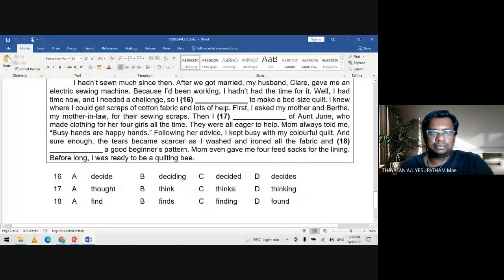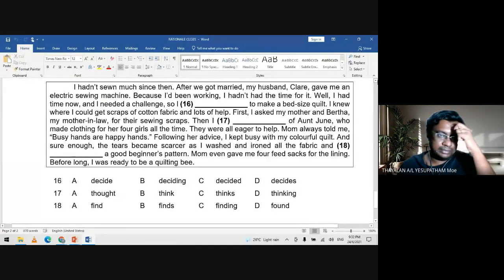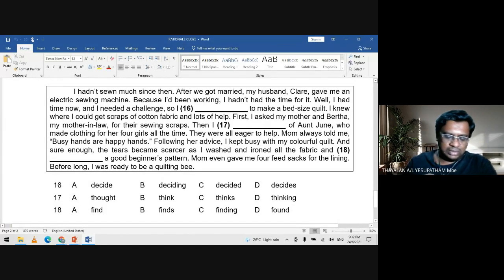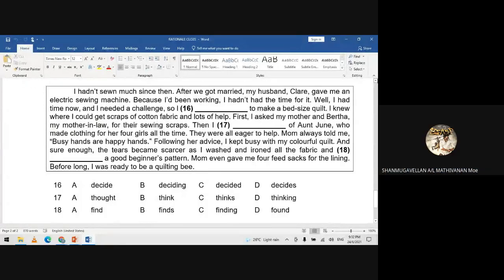Okay, last one. Can I have a volunteer to read? Any volunteer? Okay, please, yes, thank you. "I hadn't sewn much since then. After we got married, my husband Clary gave me an electric sewing machine because I'd been working. I hadn't had the time for it. Well, I had time now and I needed a challenge.